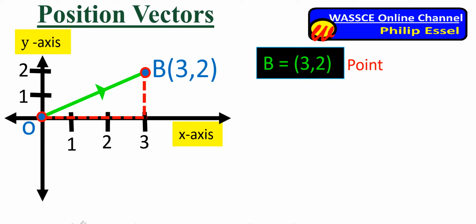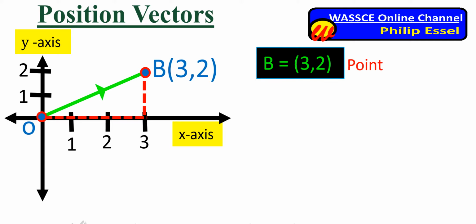So like we've already said, the point B itself is never a vector because it does not have a direction. However, the position of the point B relative to the origin O can be seen to be a vector. The diagram on the screen clearly shows that.